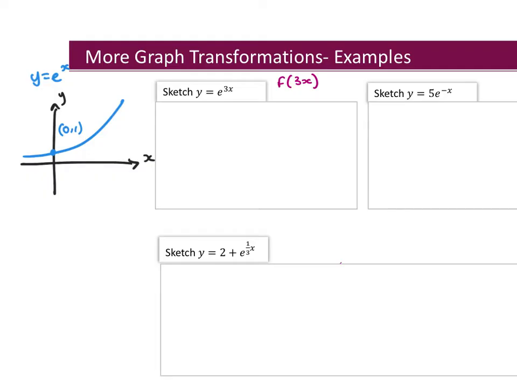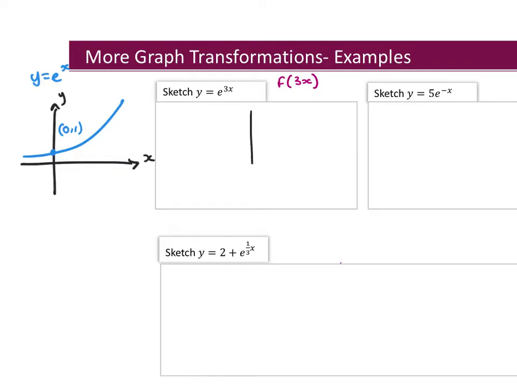If our original function is e to the x, this is what f(x) equals. This is now f of 3x. It's inside the bracket. What are we going to do? We're going to divide all of our x coordinates by 3, because we do the opposite.